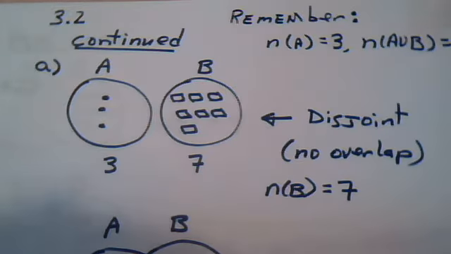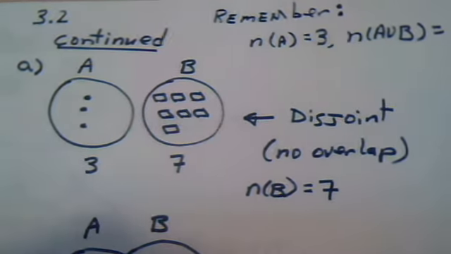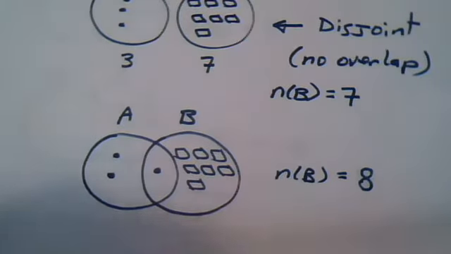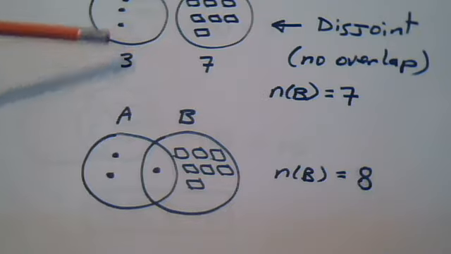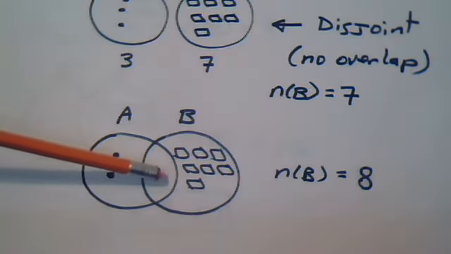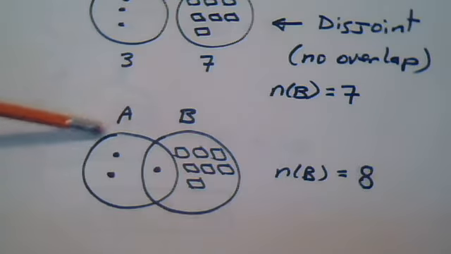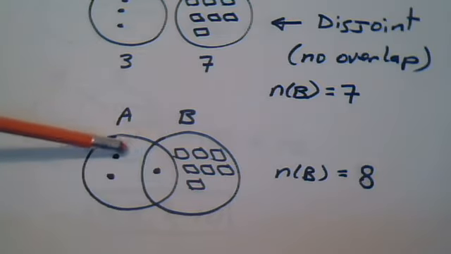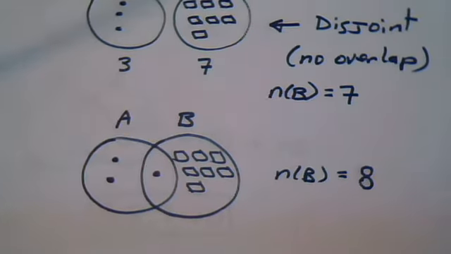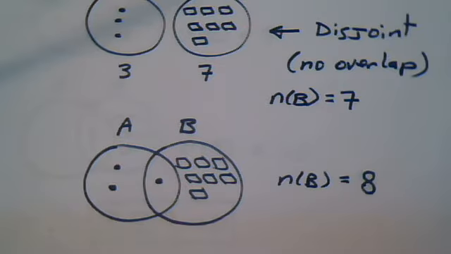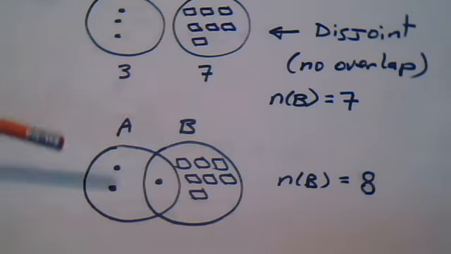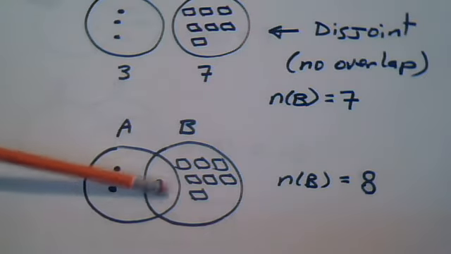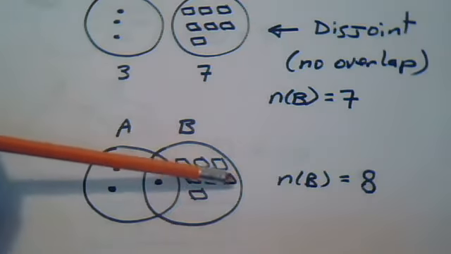But what if they were overlapping? If they were overlapping, maybe one of these members is right here. Which means if this member is in the overlap, it belongs to A and also belongs to B. Notice the same amount of members in the union: 1, 2, 3, 4, 5, 6, 7, 8, 9, 10.